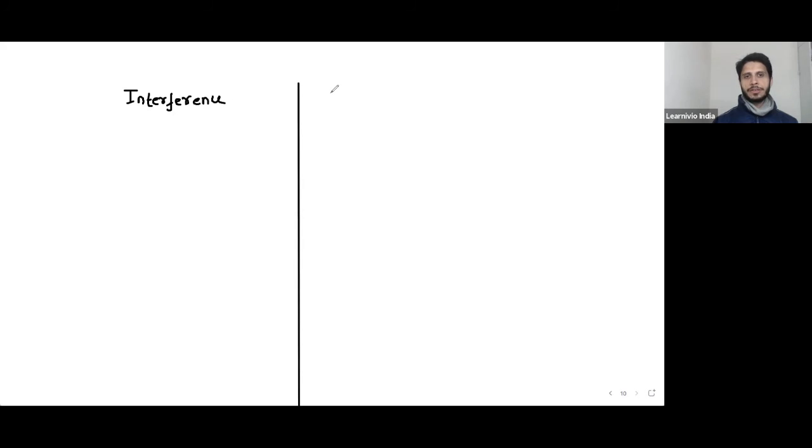After this, you can get a question on writing differences between interference and diffraction. Just a comparison of interference and diffraction. So the first difference.